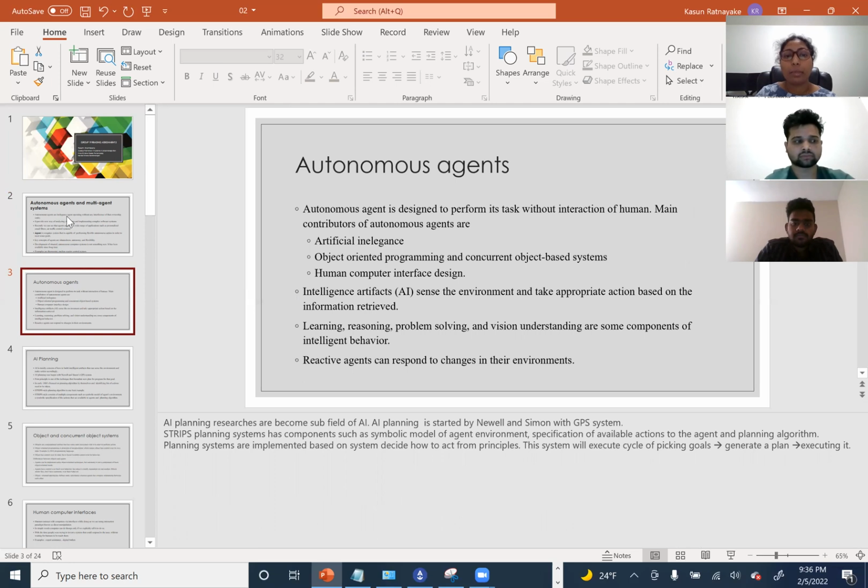But they have three main contributors: artificial intelligence, object-oriented programming and concurrent object-based systems, and human-computer interface design.